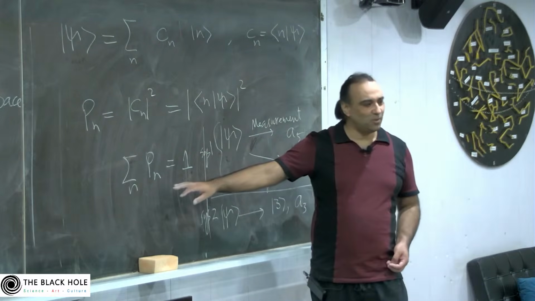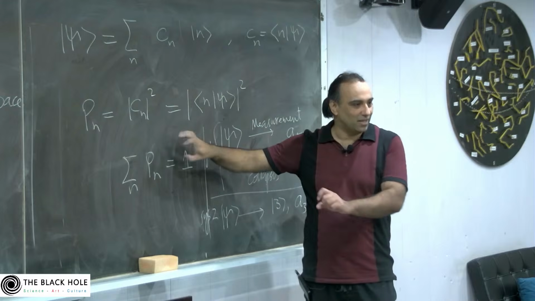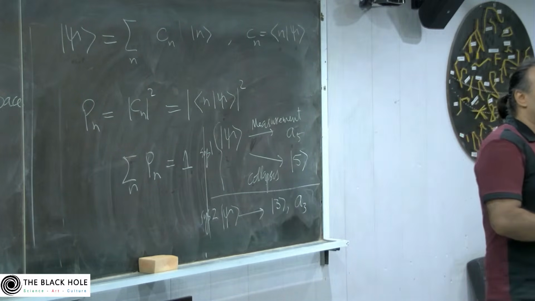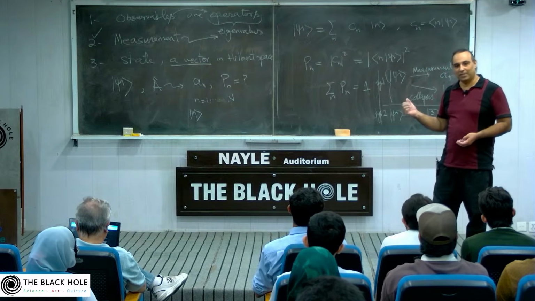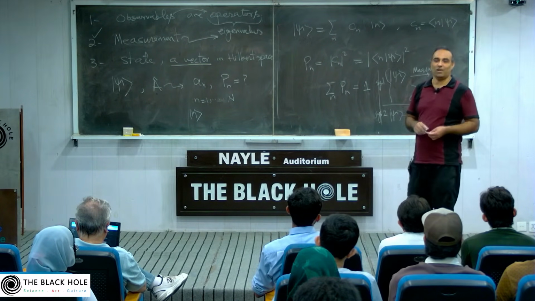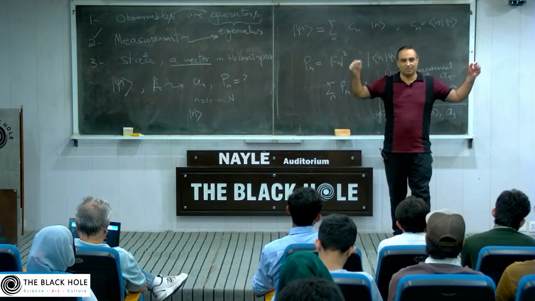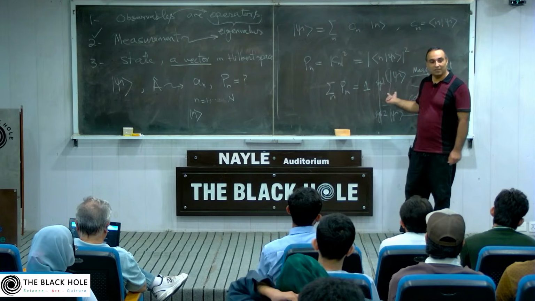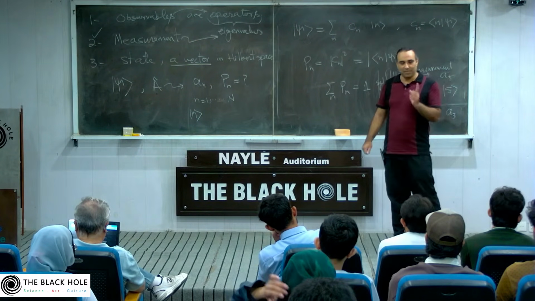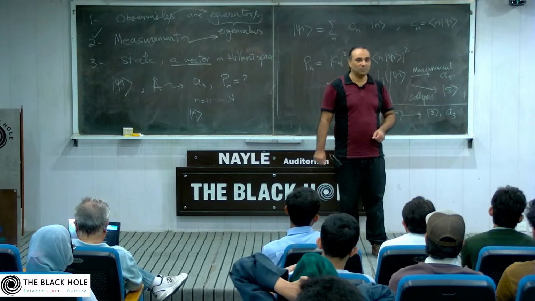Now what about these probabilities? These are theoretical numbers, so you can compute them, but what happens in experiments? Experimentally you can also determine these probabilities by performing these measurements a large number of times. You make a statistically large ensemble of this system in this state, and you perform the same measurement on each copy, and you get some outcome.